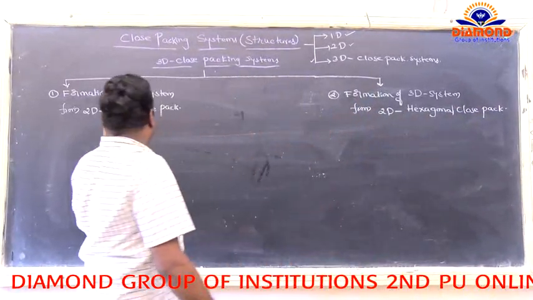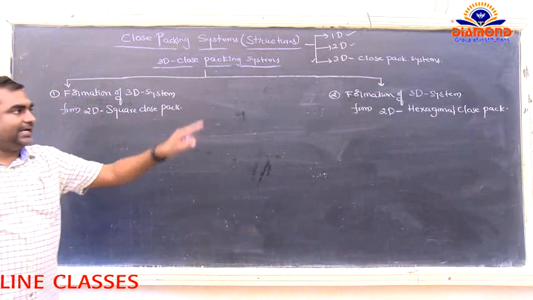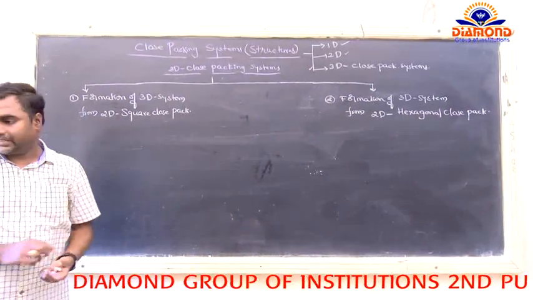Already we have seen the square close pack structure and the hexagonal close pack structure.